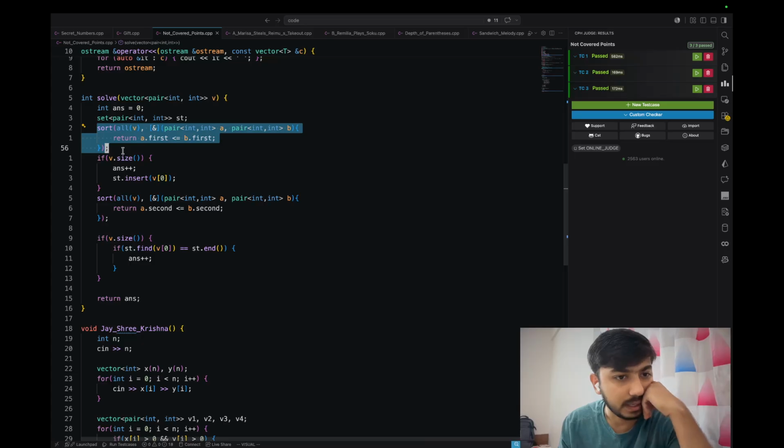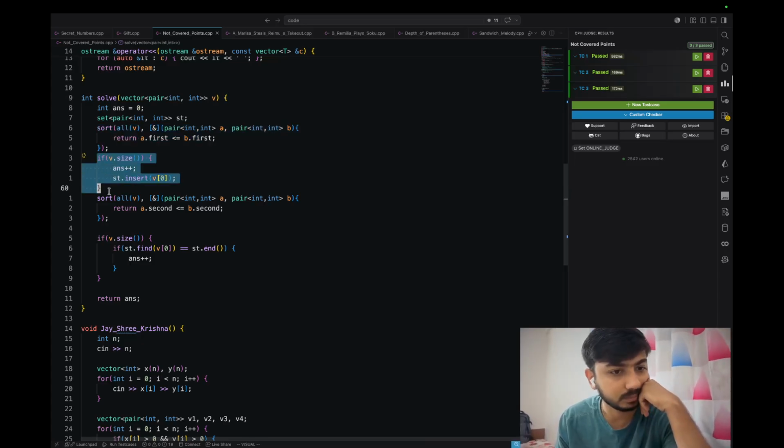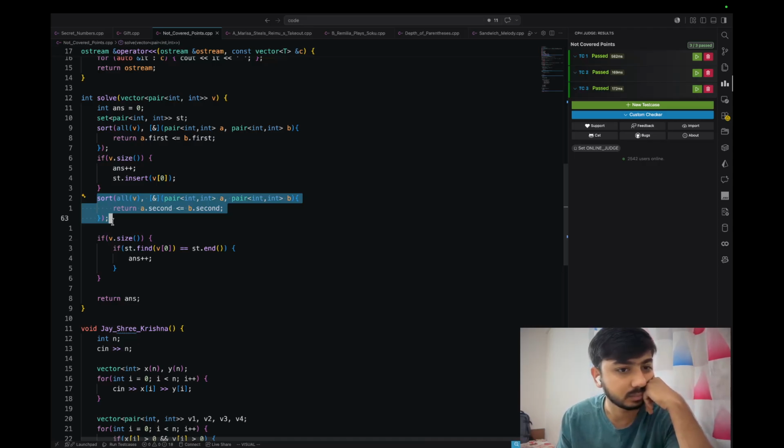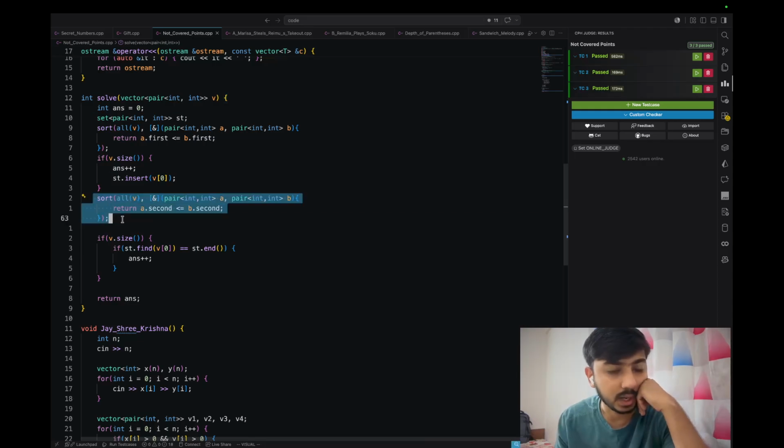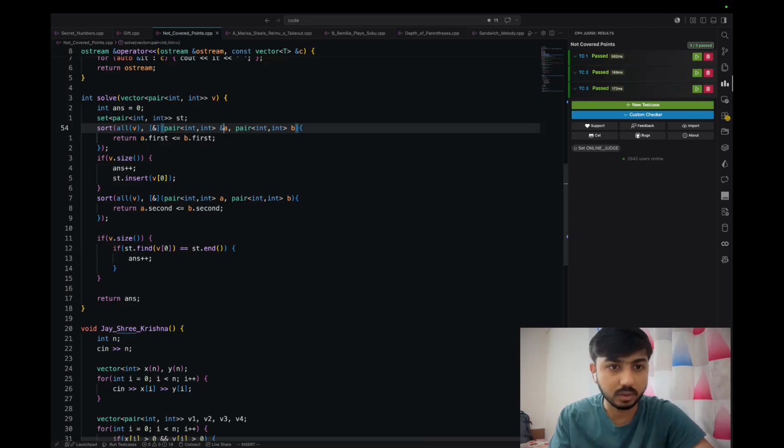Sort on the basis of x, then I pick the first element. Sort on the basis of second. You should use this way, but it's fine.